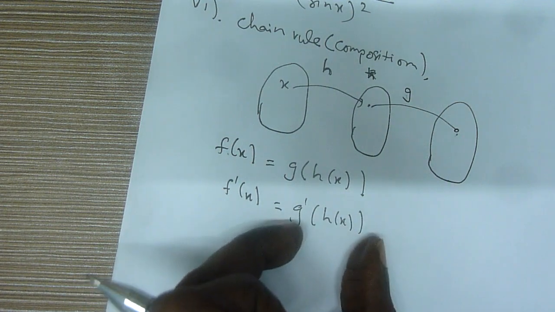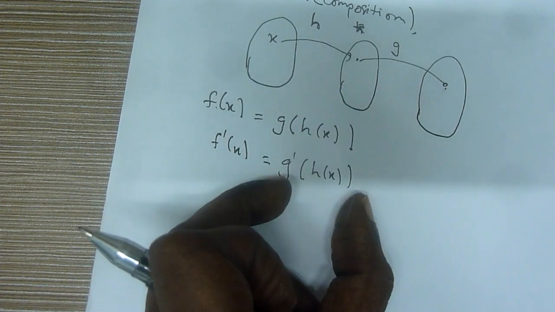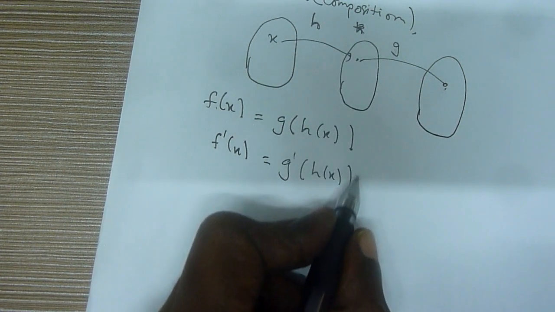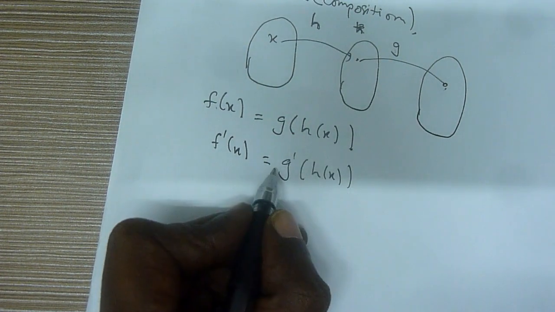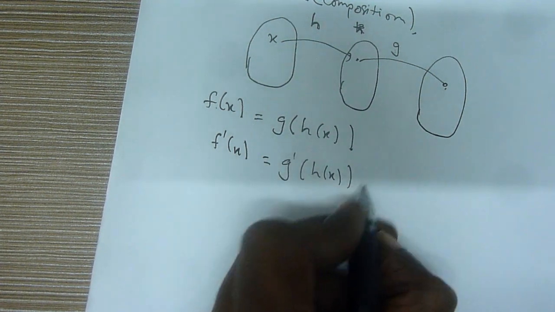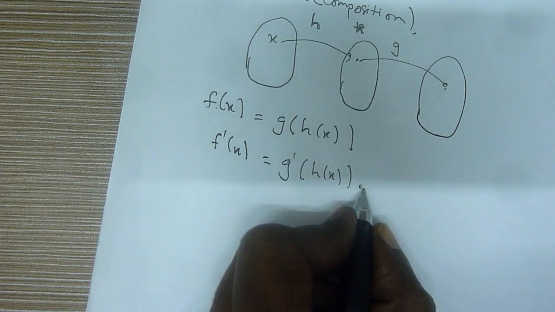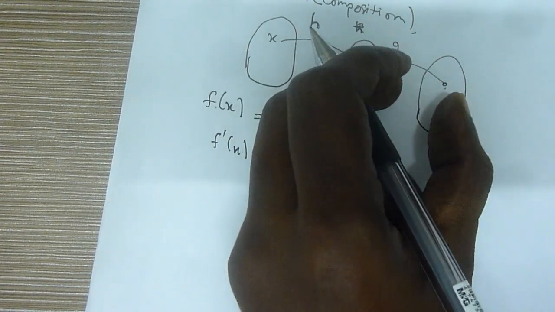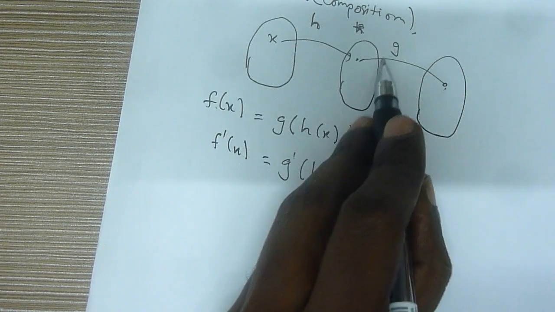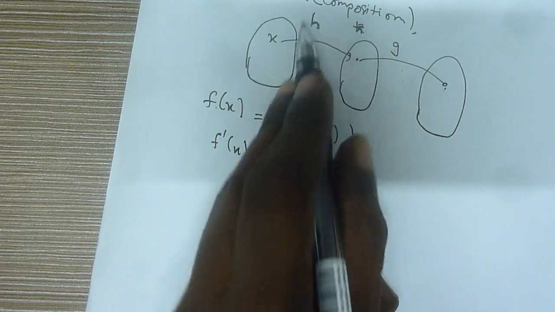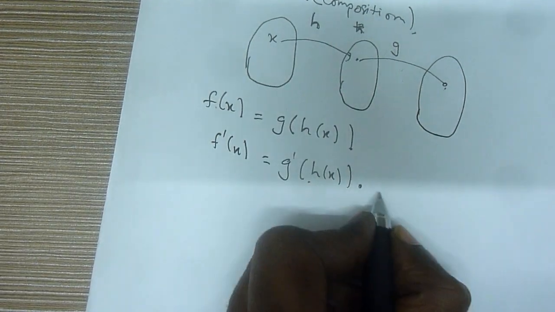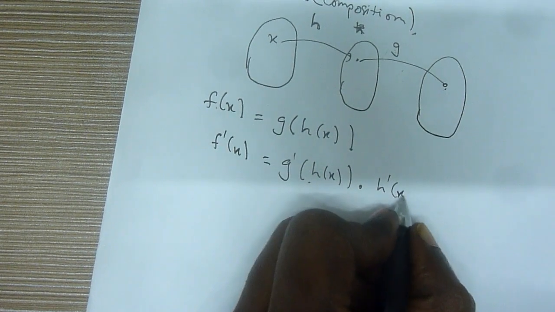I just concentrate on the outside first. After I differentiate the g, then only, you see, dot product, then only I will go to the next. First I take this g and differentiate, then I will move on to the internal one. Okay, therefore I get h'(x).